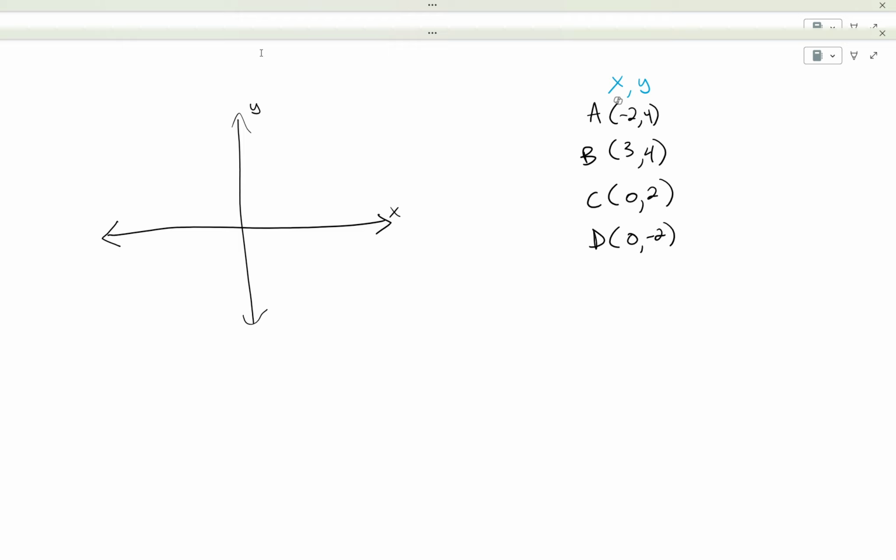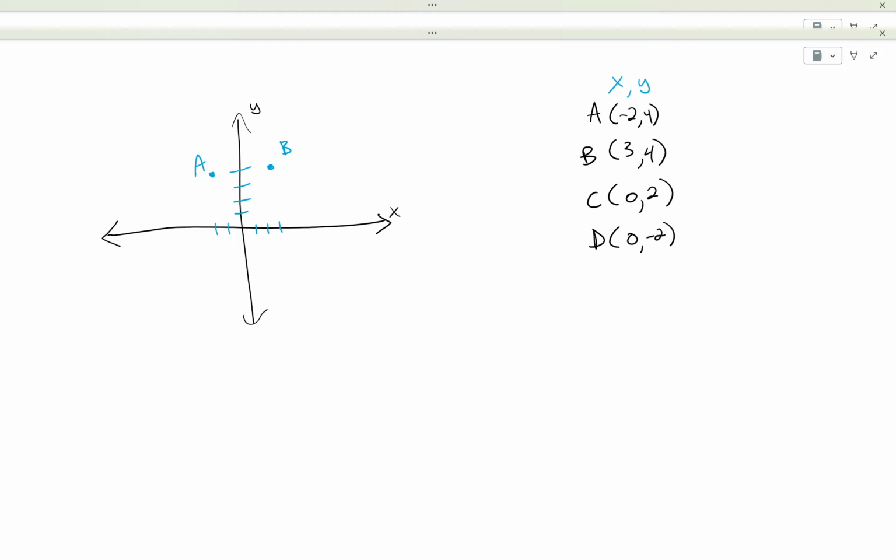So here, this is fine for me. You guys can just give me two tick marks, -2, so it's left two, and then we're going up tick marks 2, 3, 4, and I'm going to plot my first point for point A. And then for point B, I'm going to go 3 on x, 1, 2, 3, and then up 4 for y, and this is my point B. Okay. And then for C, I have 0, comma 2.